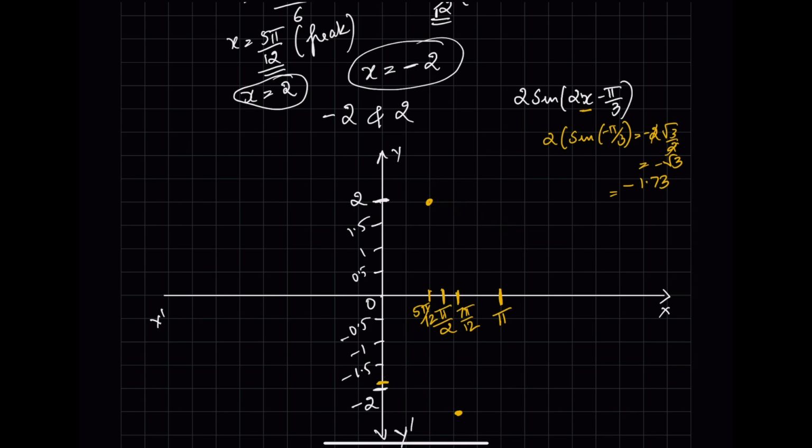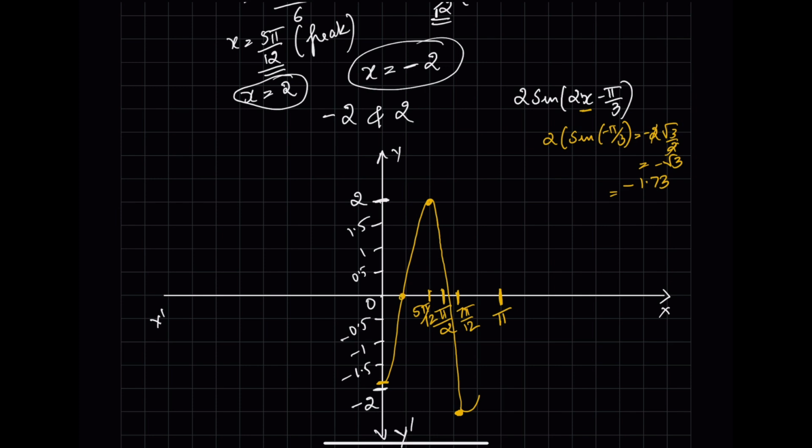Now let's join these points. Let's join this. Now the wave should go back up again because the least has already been reached. Now it has to go up here. Let's see where it will meet the x-axis.